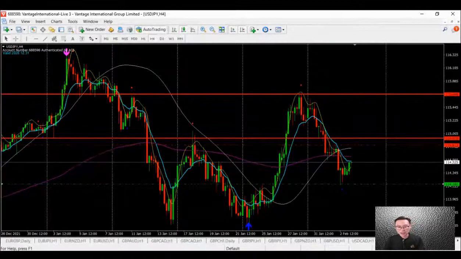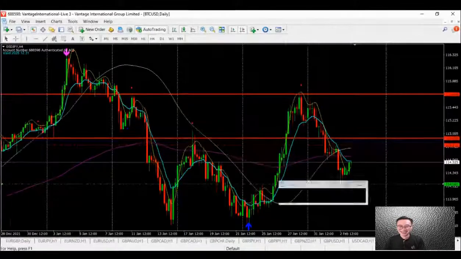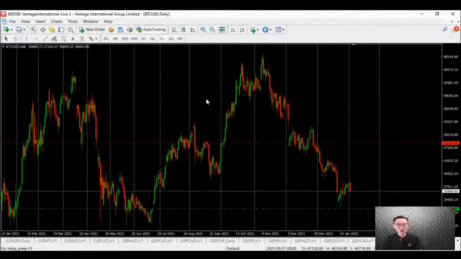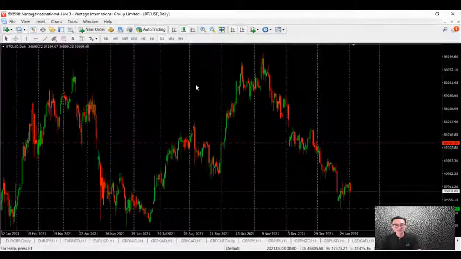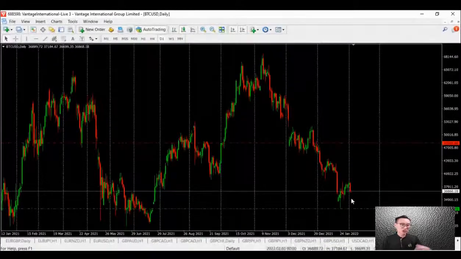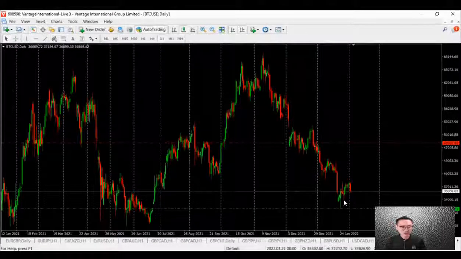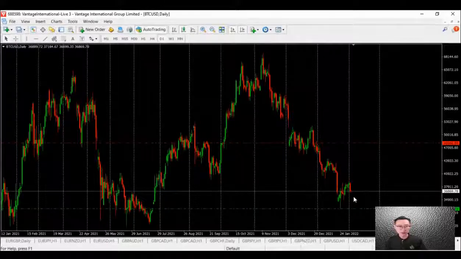How about next? Bitcoin. As we know, Japan is now also looking into regulations for Bitcoin. So probably Bitcoin is on the brighter side right now.